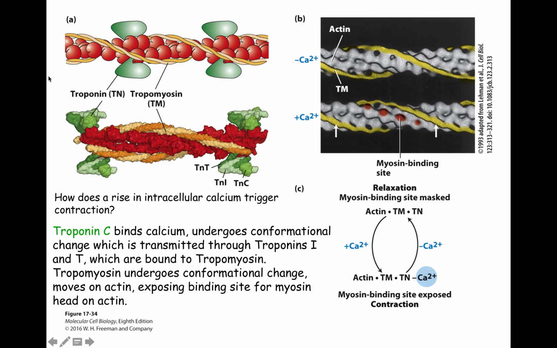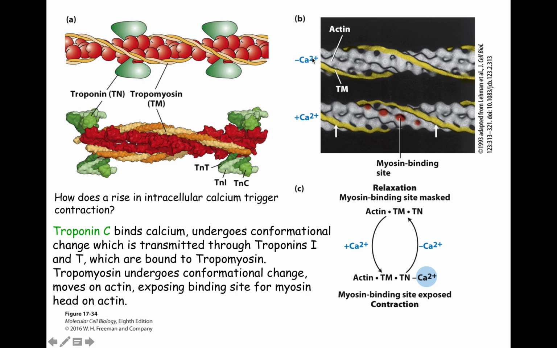They include tropomyosin and the troponins. So tropomyosin is this ropey-like thing that is wrapping around the actin filament, and then the troponins include troponin N, T, I, and C, and these are calcium-binding proteins that interact with tropomyosin to cause it to change shape.